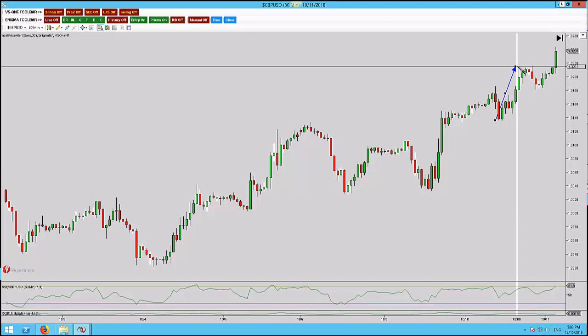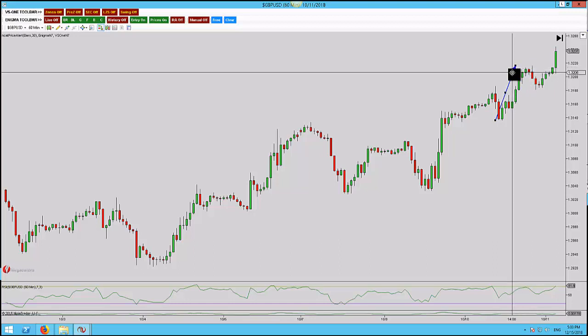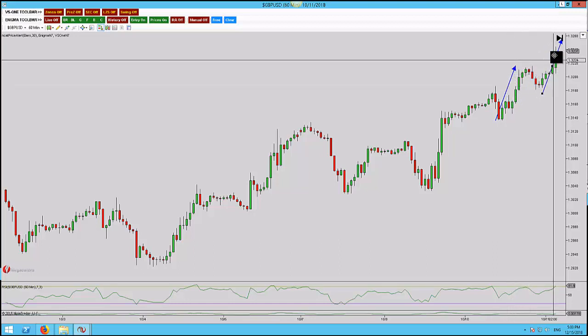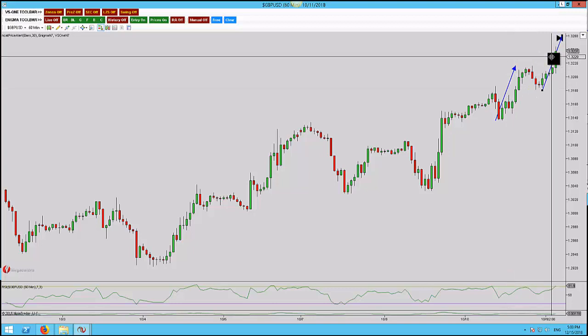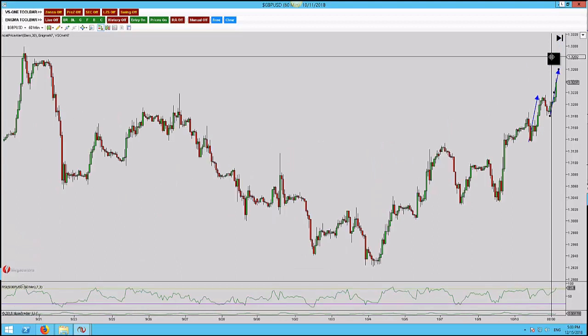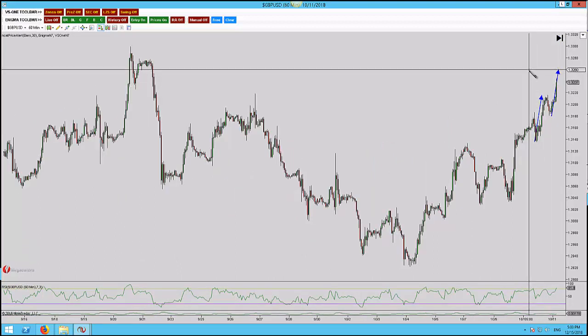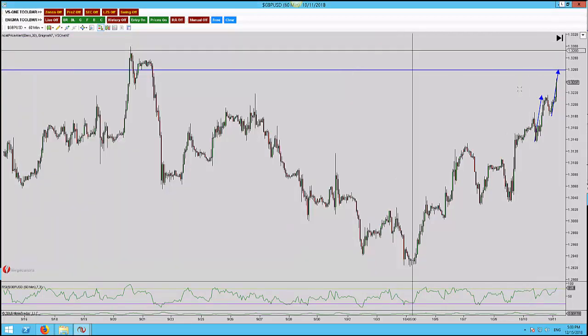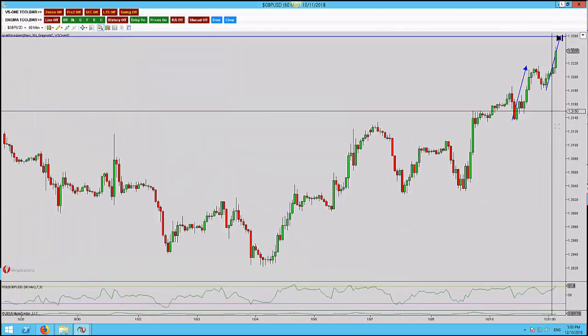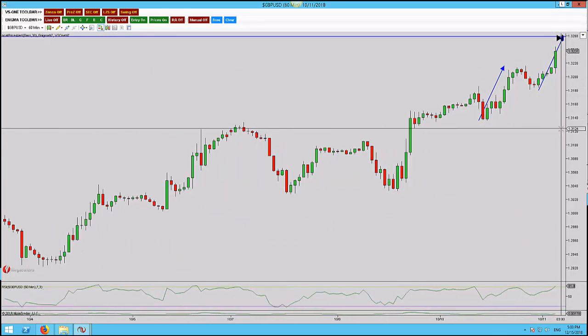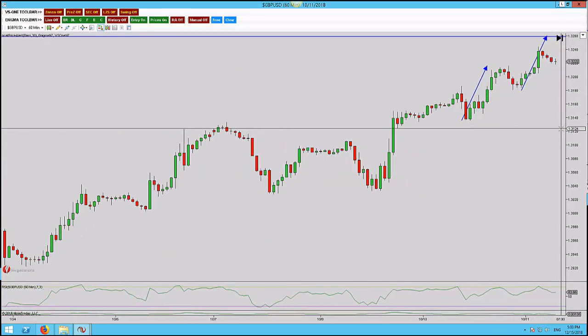I wonder if this AB equals CD pattern comes in at the very highs. No, it doesn't. It comes in there, but it does come in at the wicks on the dailies. So let's see what happens as we get up to that zone. I'll have to drop down to the 15 here for an entry if we get up to that level.